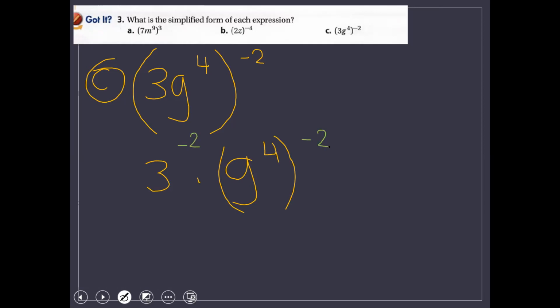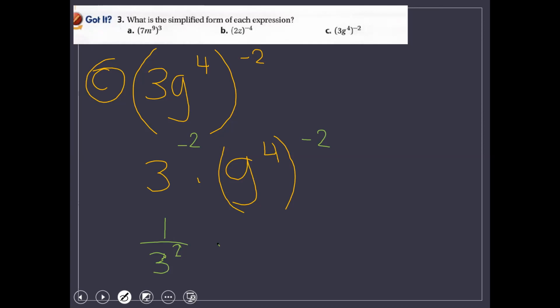Then after that, 3 raised to the power negative 2. Go back to lesson number 1: what is the reciprocal of 3? It is 1 over 3. And what is the opposite of negative 2? It is 2. Then times g to the power 4, raised to the negative 2.